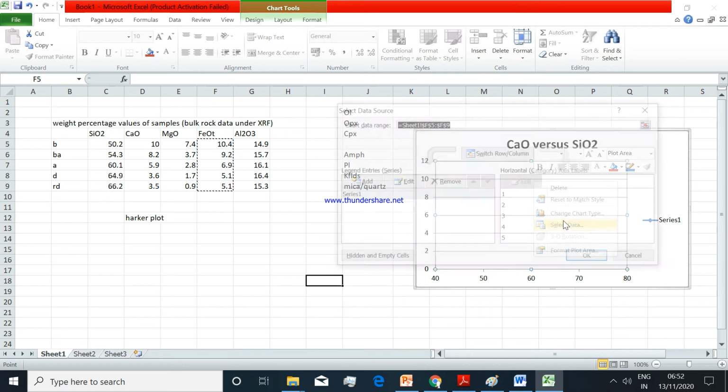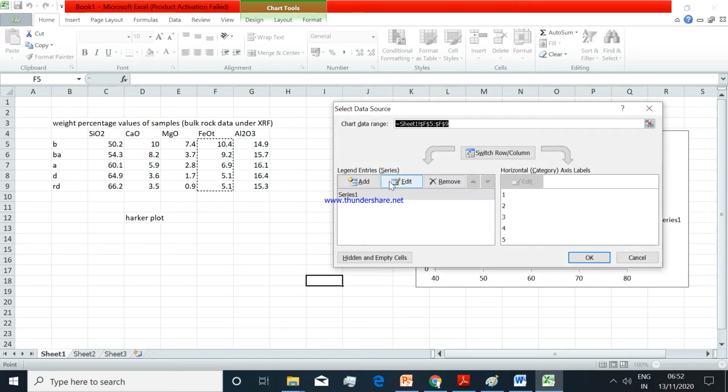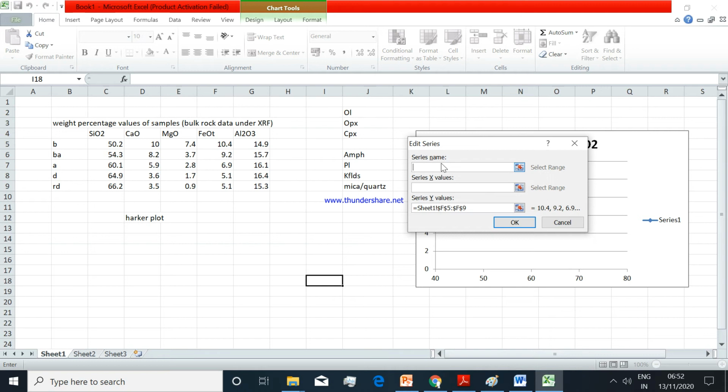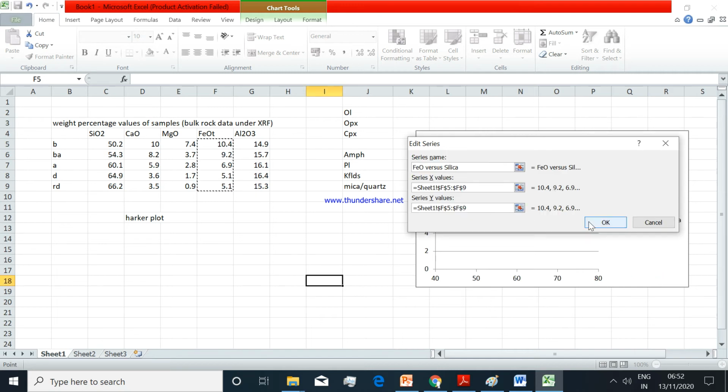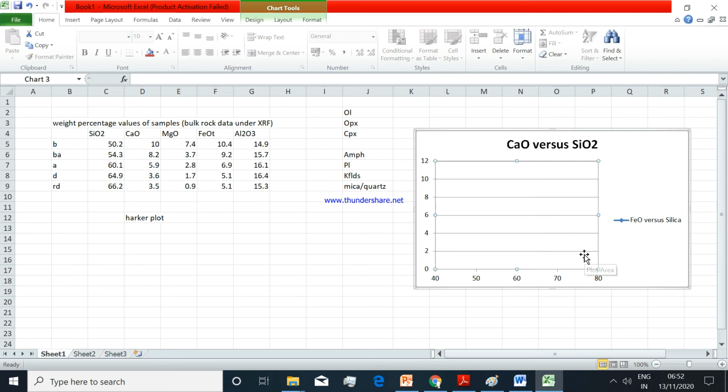Sorry, FeO versus silica. The x-axis value should be iron total. So why is this happening?